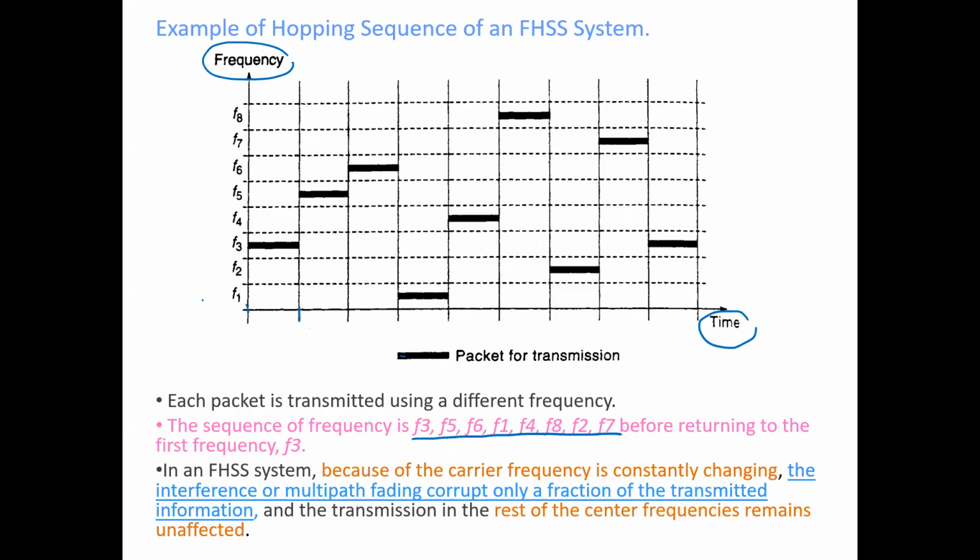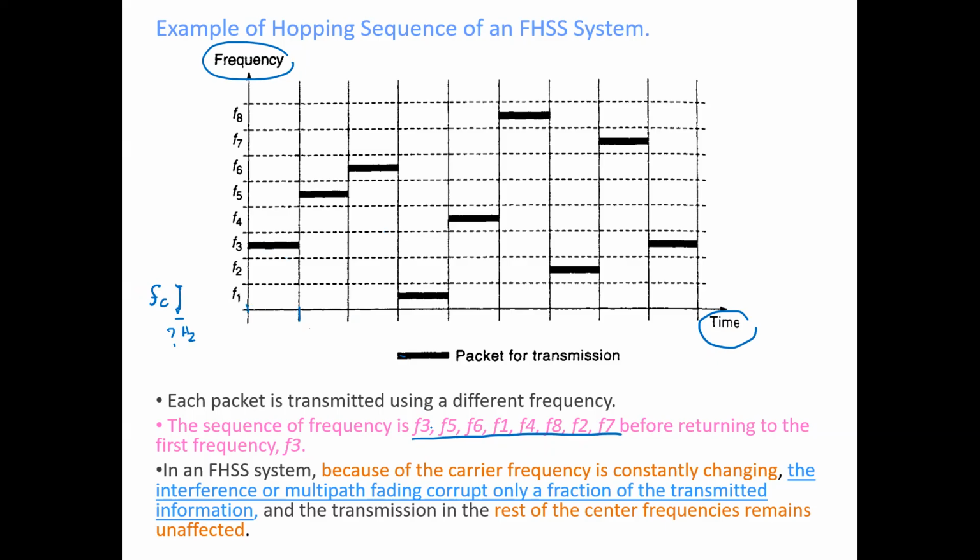So I repeat again, if you do not use frequency hopping, we use only the FC frequency, which may be just this band. This is the bandwidth in hertz. But if we hop, we jump for every packet. So you can see here, there are 8 hops.